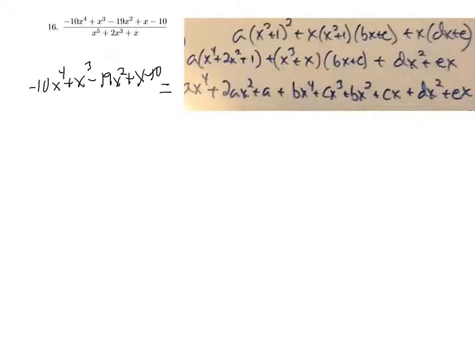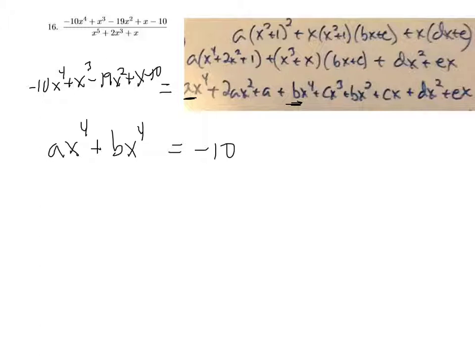Clearing the denominator, now I can match up all these terms with their corresponding part in the numerator. I get a negative 10x to the fourth. Well, I've got an ax to the fourth, and I've got a bx to the fourth, and I don't have any other x to the fourth terms. So I know that a plus b has to equal negative 10.